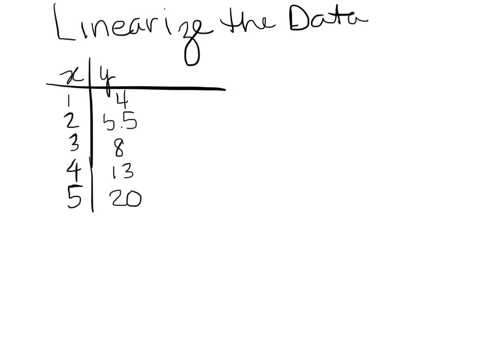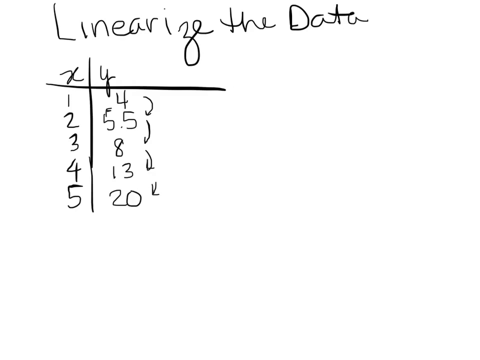Even without graphing this, you can see that going from one value to the next I'm adding a little more than 1, then a little more than 2, then 5, then 7. So the change between each one is changing. It's definitely not a linear function.